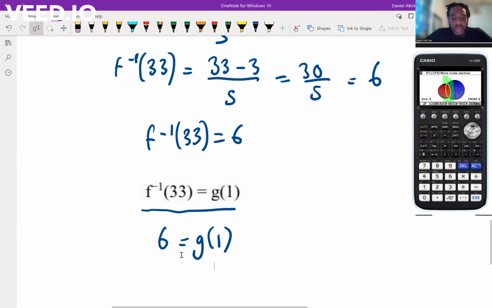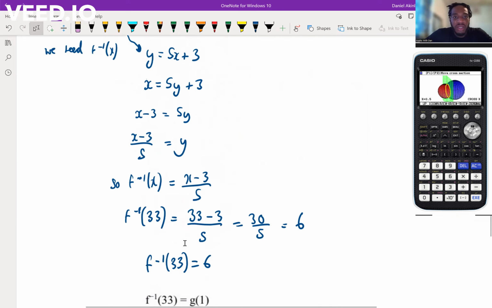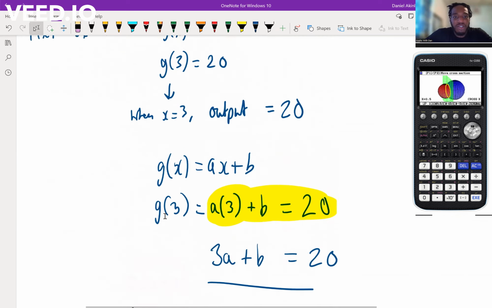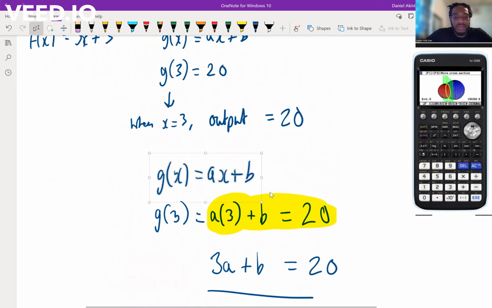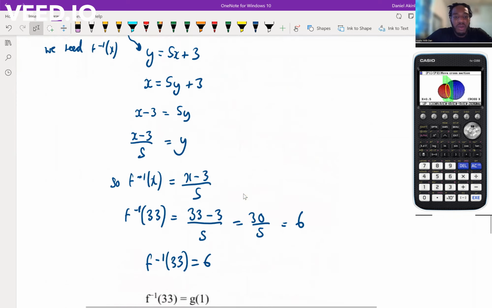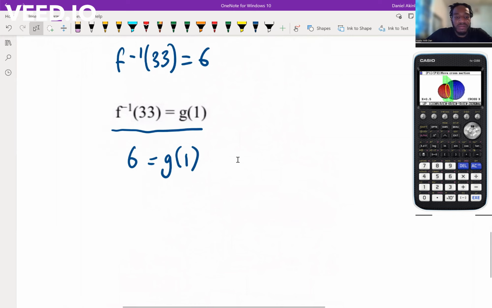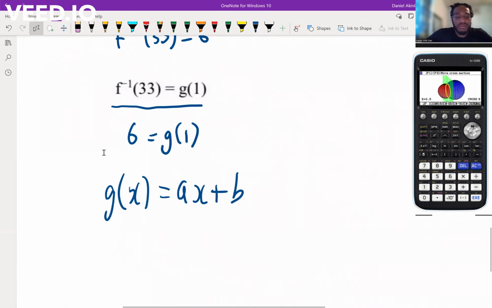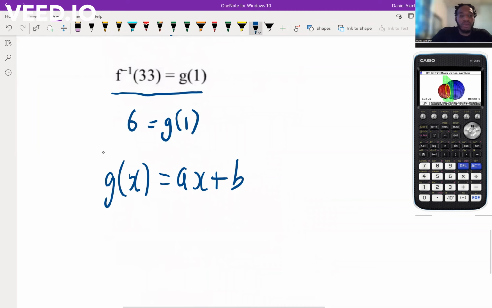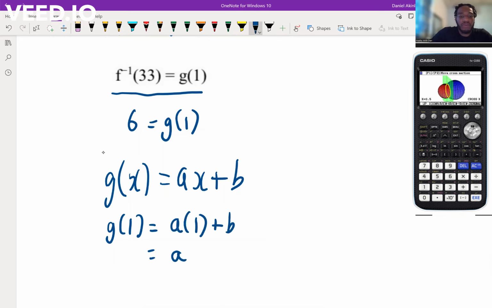And then from there, what I can do is get back to my original function for g, plug in 1 and then make it equal to 6. So if I plug in 1, I'm going to have g of 1 is equal to a bracket 1 plus b. And this is just a plus b.